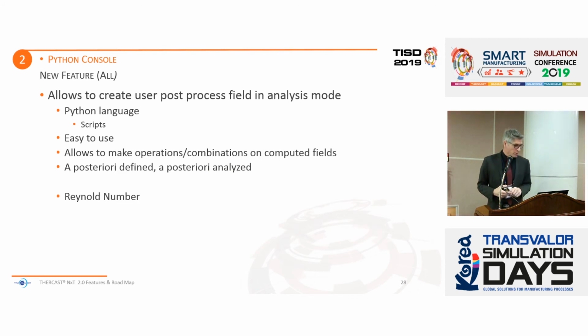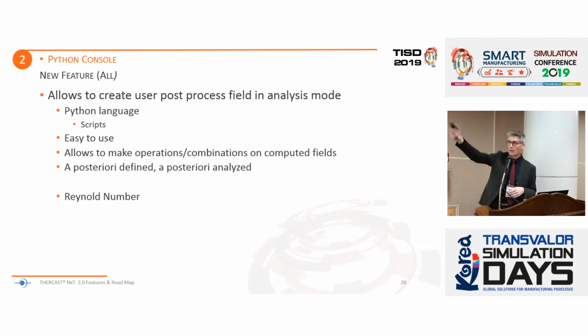Yes, the Python console is something which has been developed in order to make the post-process what we so-call a real post-process, meaning that you can manipulate the results coming from the software by yourself. If you want to make addition or modification of results by a combination of what is already computed, you can define a new result by yourself.